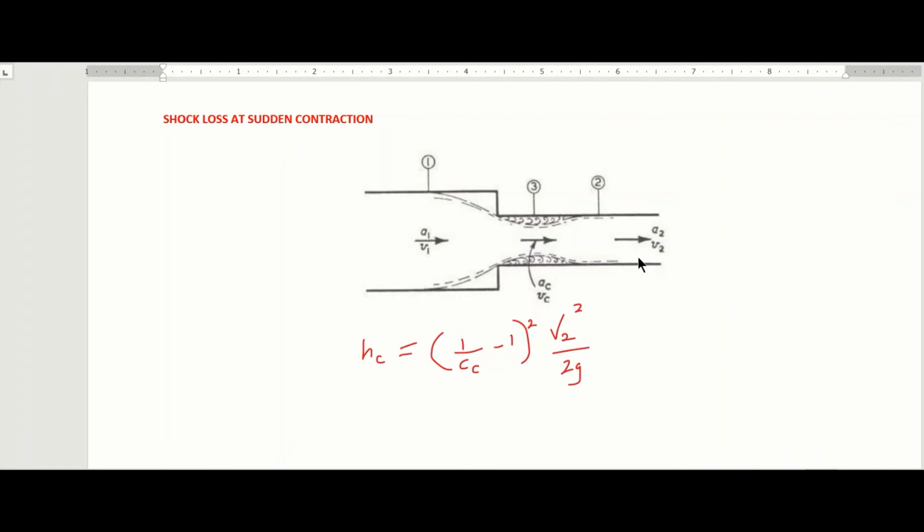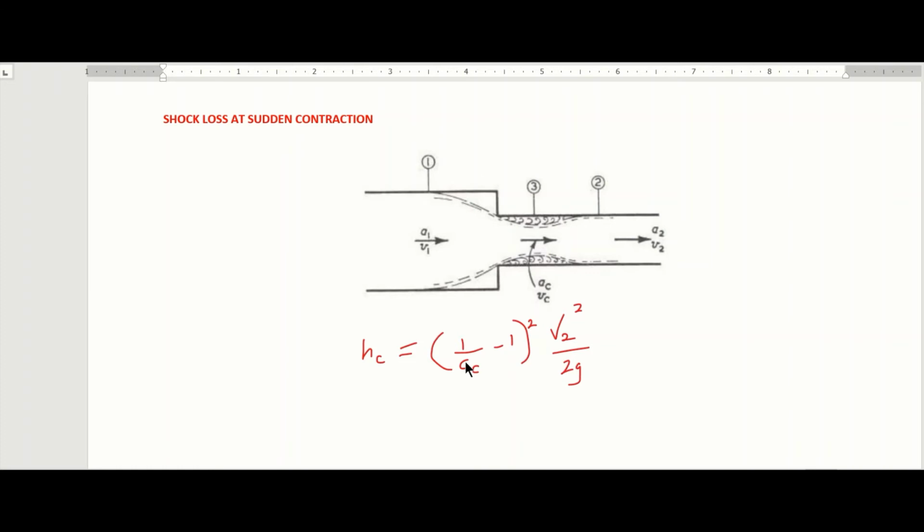Now, we also have a special case right here. If the entrance of the pipeline from a reservoir is sharp, that means it is not rounded, it is equivalent to a sudden contraction from a pipe of infinite size to that of the pipeline. So in that case, our Cc becomes what?